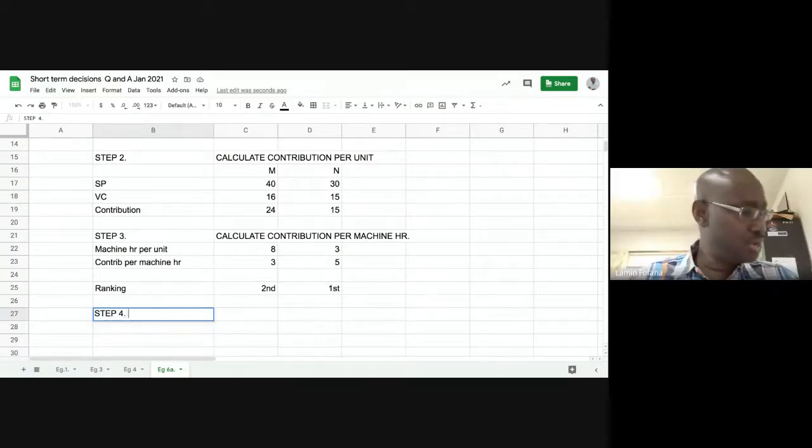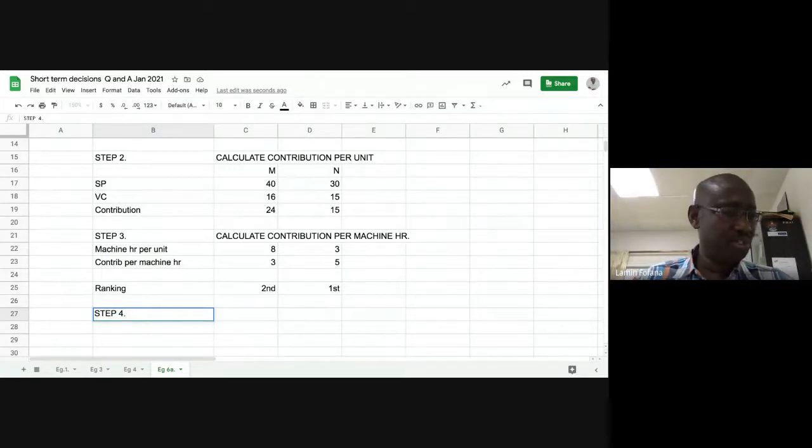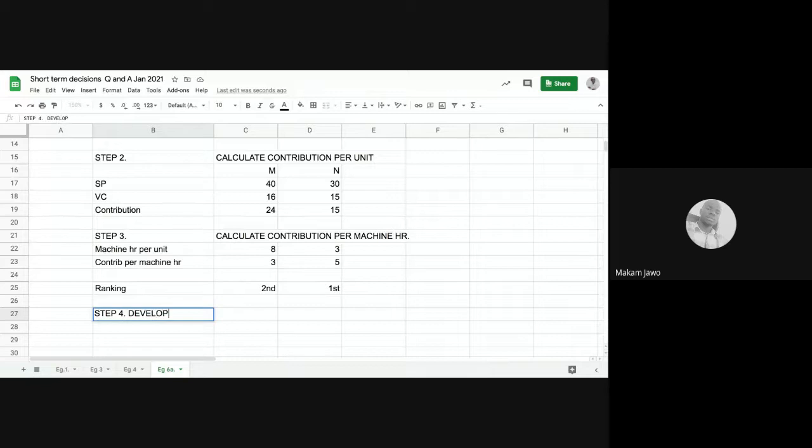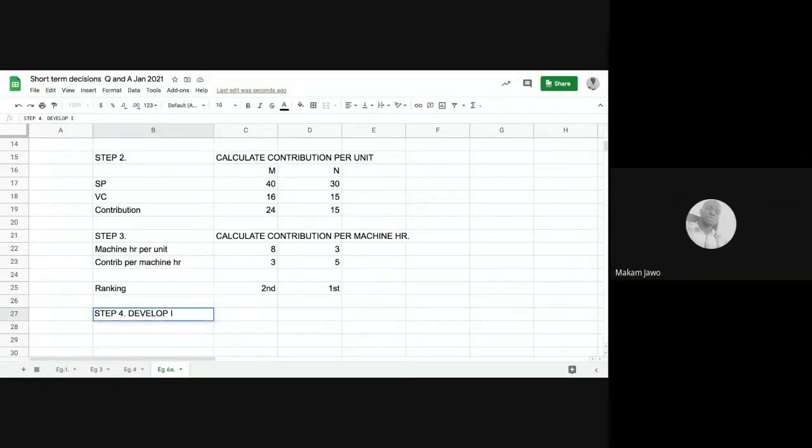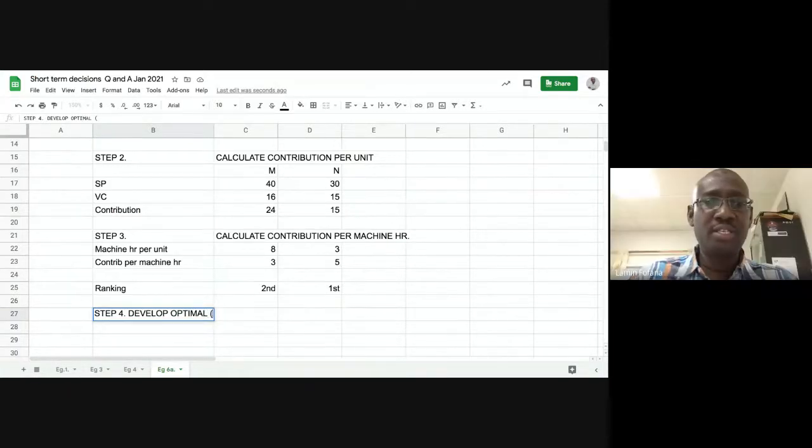Step 4. In step 4, we are going to develop our optimal production plan using the available hours.